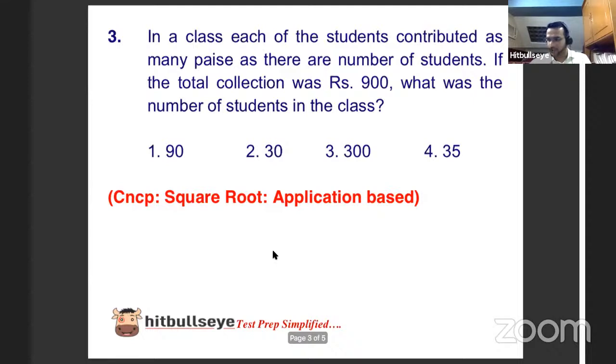Please note the denomination here. 30 seconds start. Okay, Simran has given the answer. Mudit has given the answer. Yash Bajaj has given the answer.